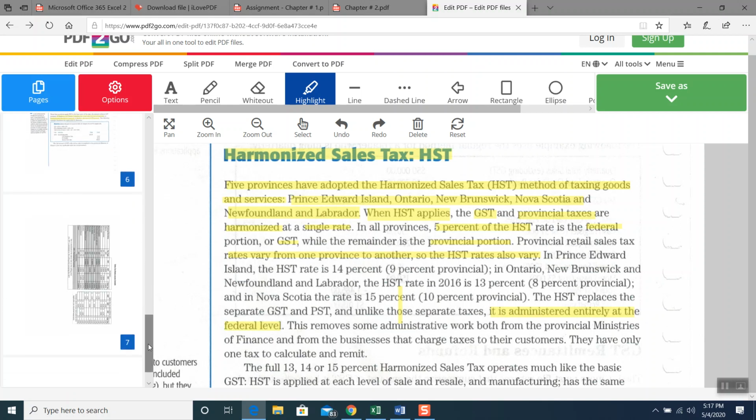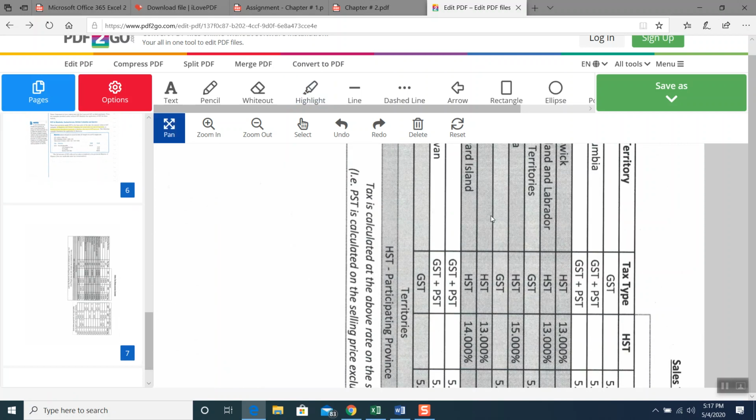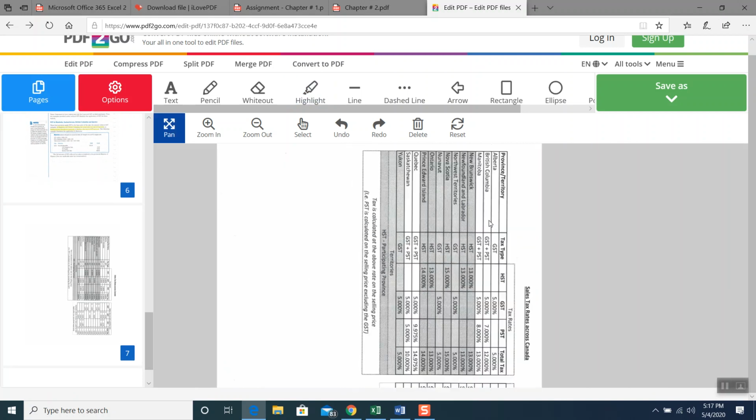Let's take a look at the last page. In the last page, we have been given all the information: Alberta, only GST; British Columbia, GST and PST; New Brunswick is HST. As you can see, Ontario is HST and it is given to you at 13%. There is no separate GST plus PST portion available.